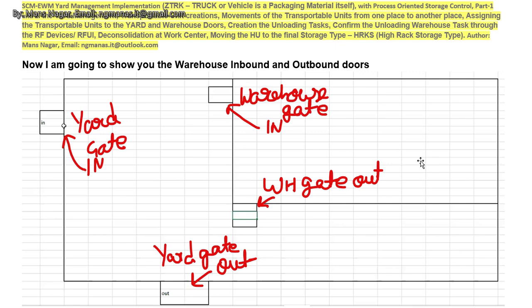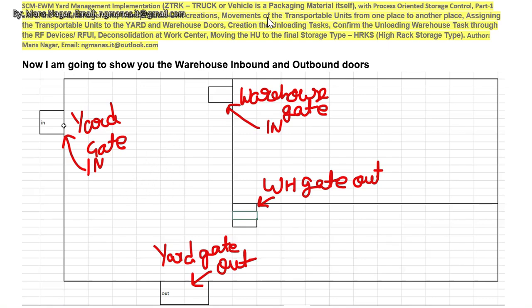Here I use the entire POSC complex process and created the transportable unit movement. Then I assign the transportable unit to the yard, because the yard says, if you want any movement with any bin, of any type, you need to attach with me.